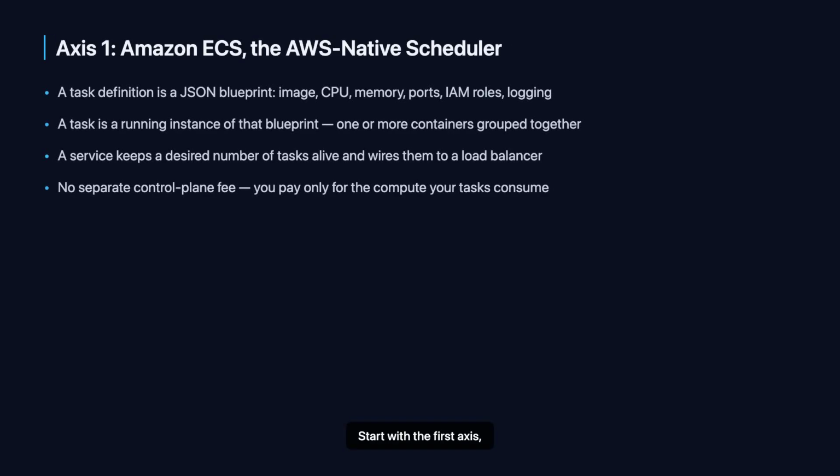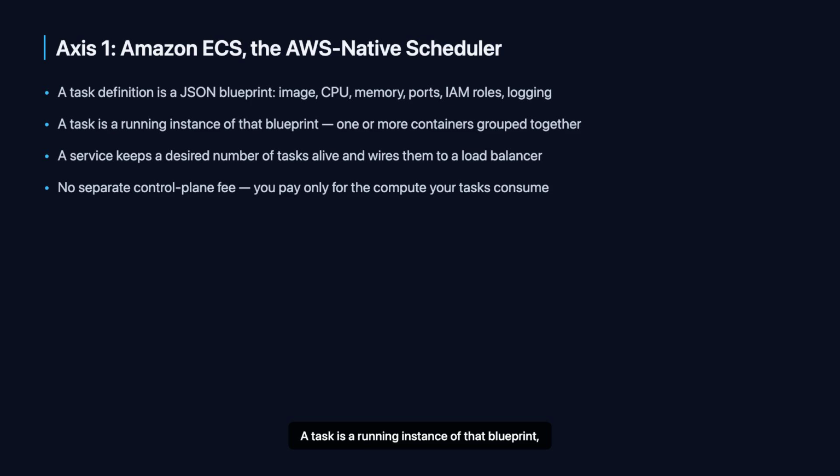Start with the first axis and the Amazon Web Services native option. Amazon ECS. It's built around three ideas. The task definition is a JSON blueprint. It names the image, the CPU and memory, the ports, the IAM roles, and where logs go.